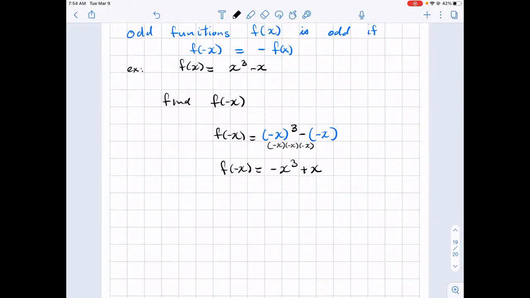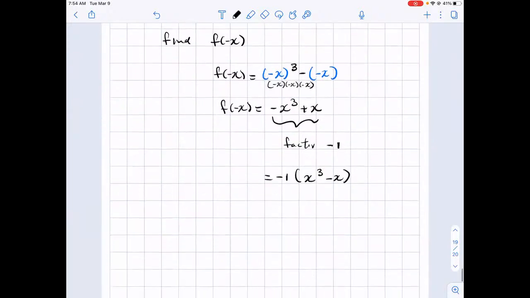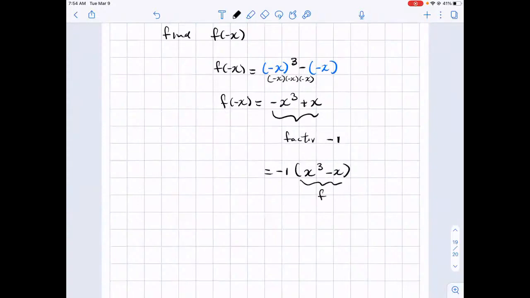And notice that if we factor minus 1, we get minus 1 times x cubed minus x. And this is f of x. So here we have minus f of x.